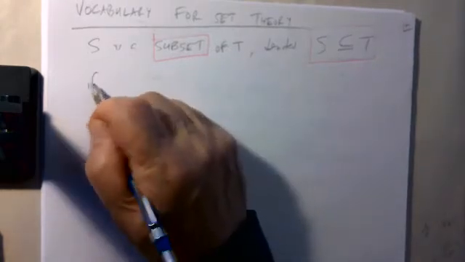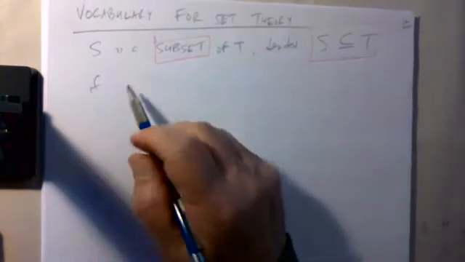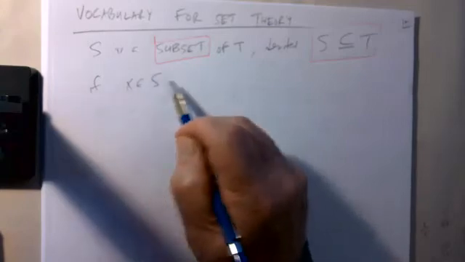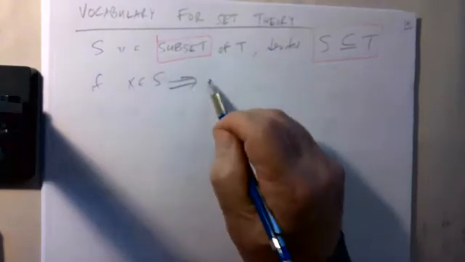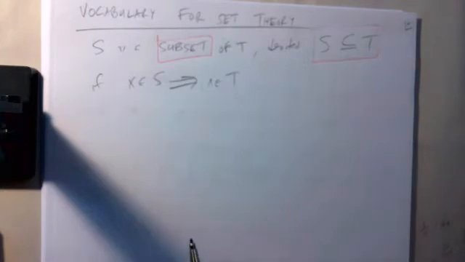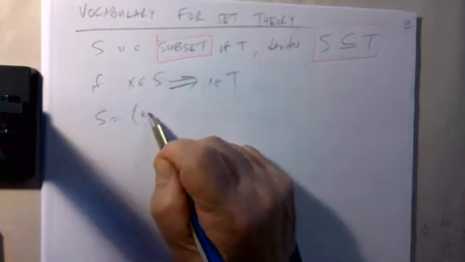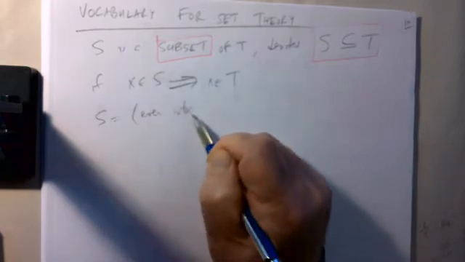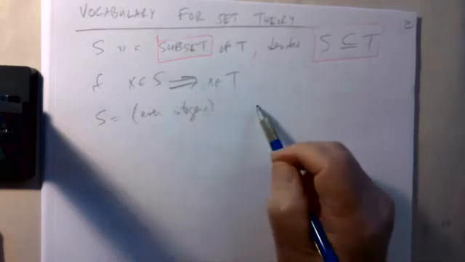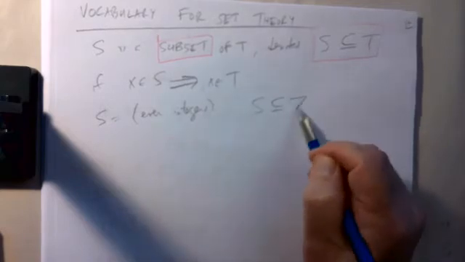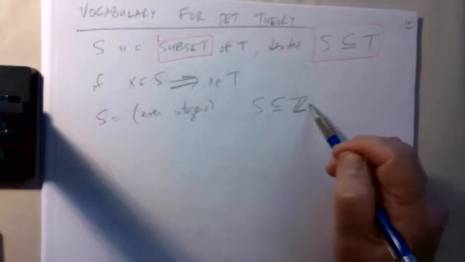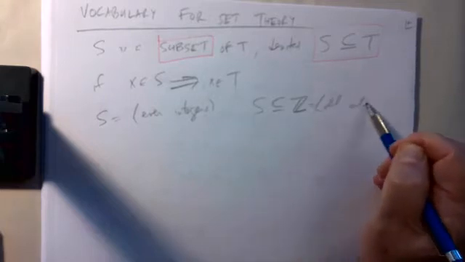If every element of S is an element of T, in other words, if X in S implies X is in T. So for example, if S is the even integers, S is a subset of Z, which is all integers.